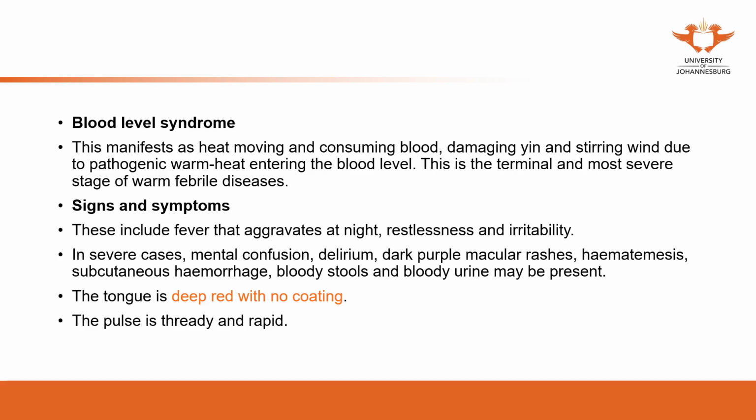When it goes to the blood level, the patient must present with some kinds of bleeding, although some bleeding we don't see, such as the bleeding under the skin. So what we can see is just the purple rashes.